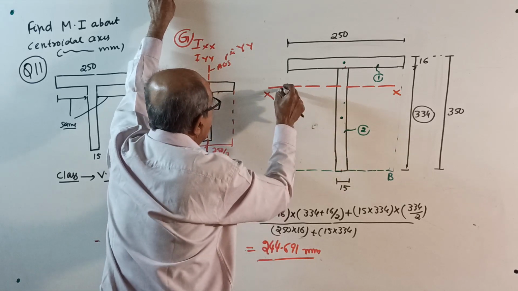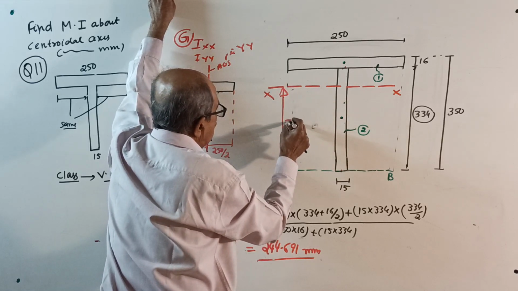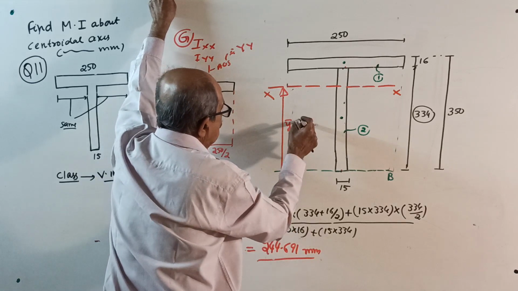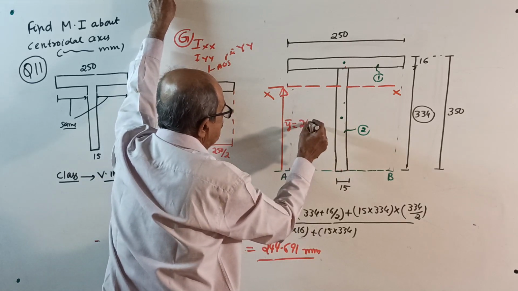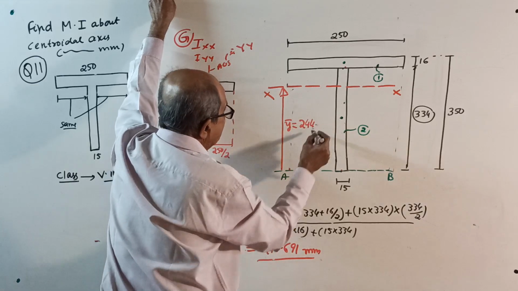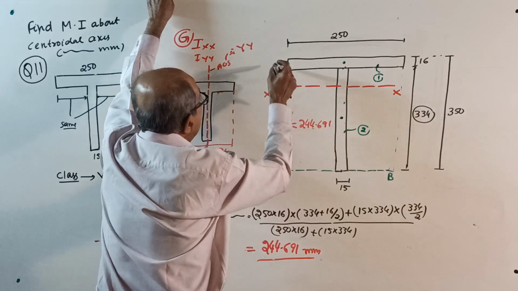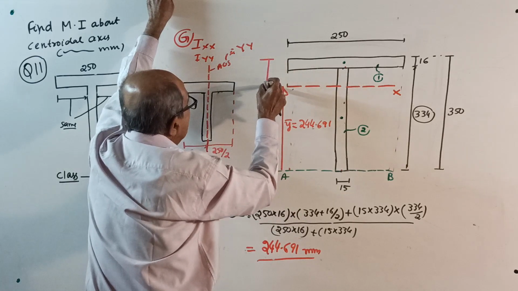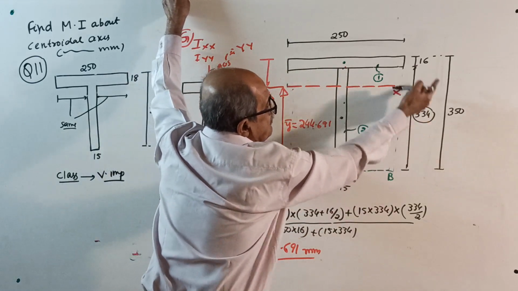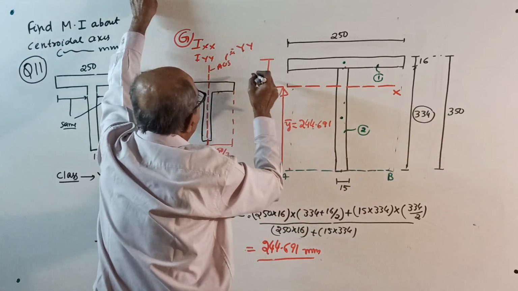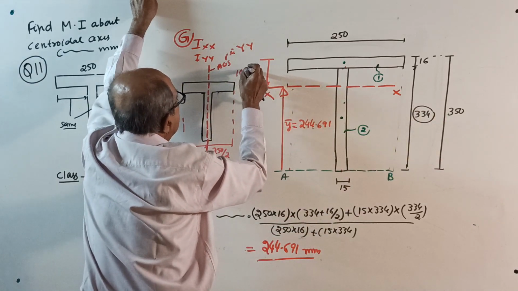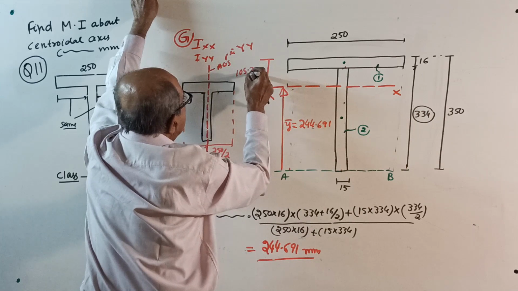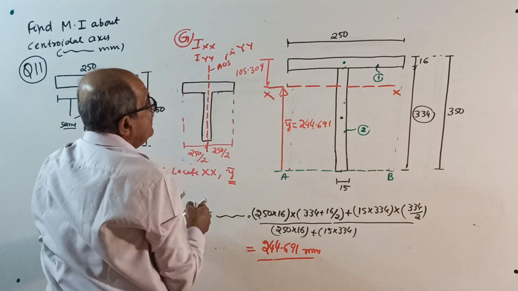This is your Y bar equal to 244.691. Then from the top to here, it will be 350 minus that, I noted down 105.309. This is your x-axis.